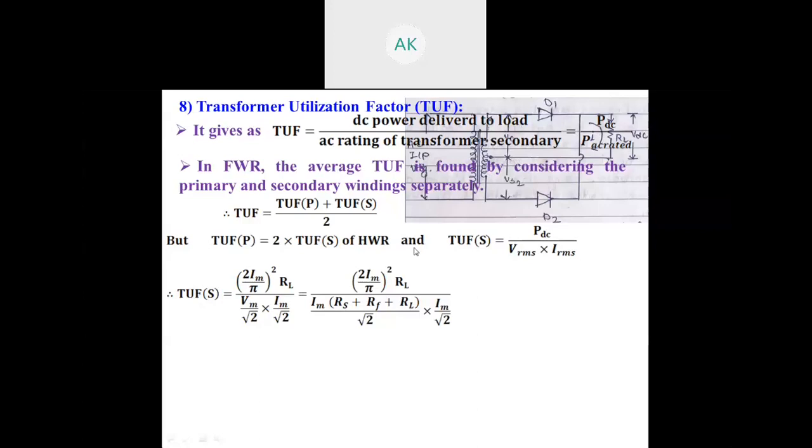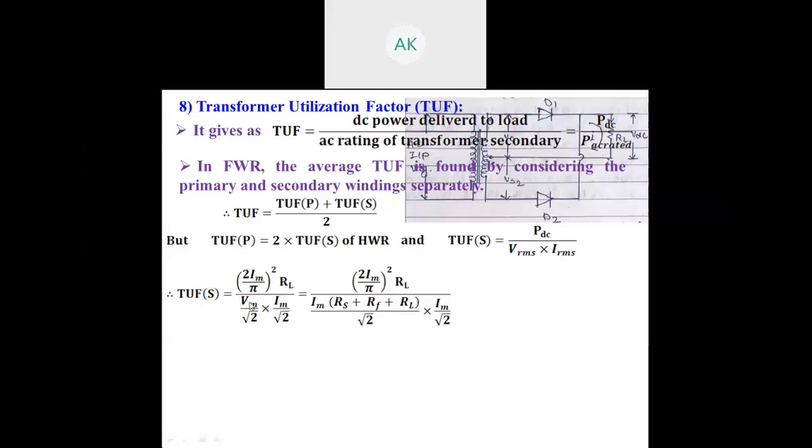By considering the root mean square value expression, we have Vm divided by root 2, and IRMS is also Im divided by root 2. We know the relation for Vm in terms of Im is Im into (Rs plus Rf plus RL).